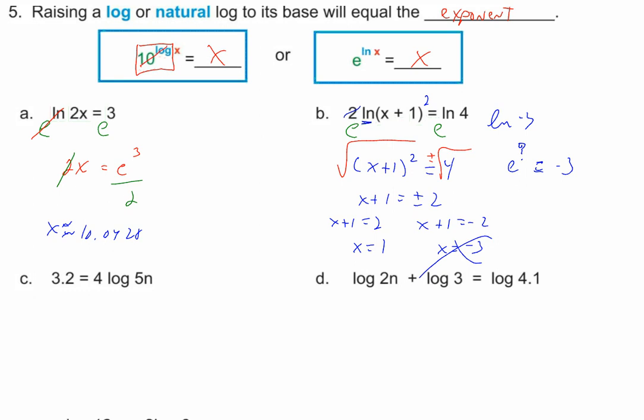The 10 and the common log undo each other, and the result is x. And the same thing with e. E with the exponent of natural log x, the e and the natural log undo each other, and the result is x. Okay, so that's the key concept.